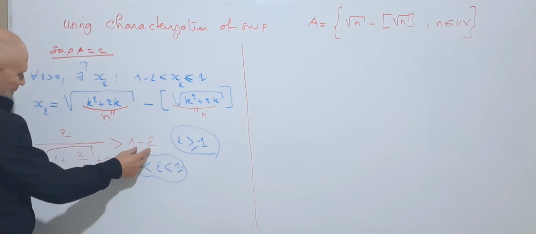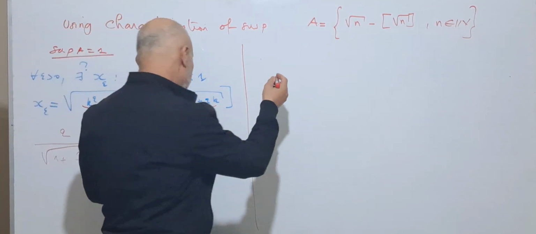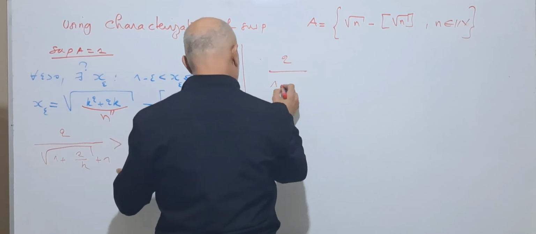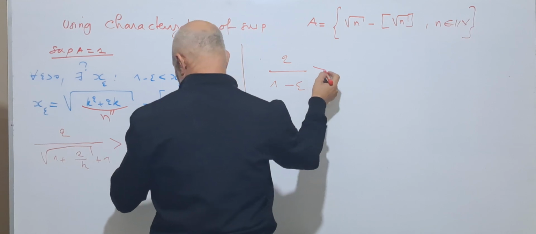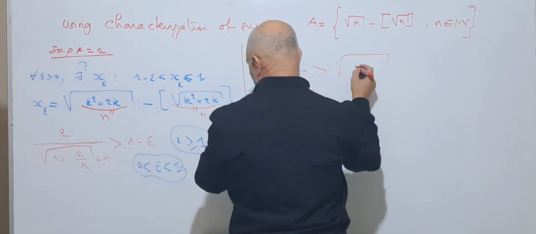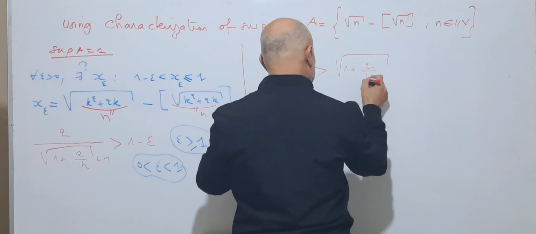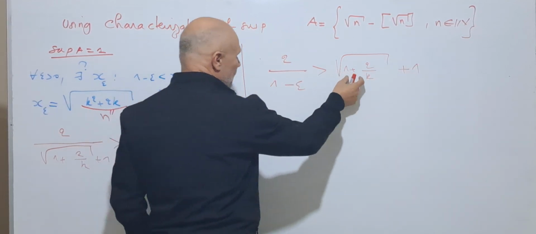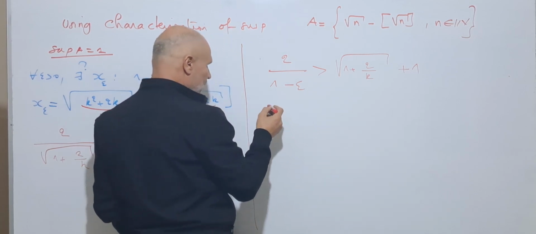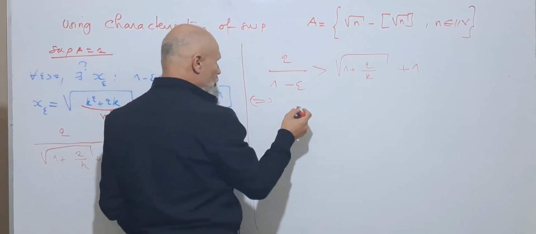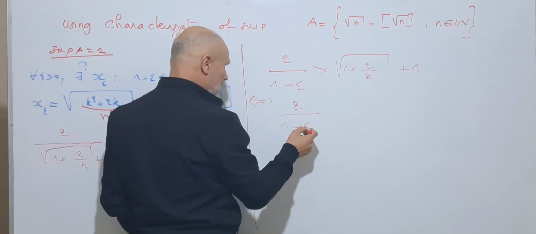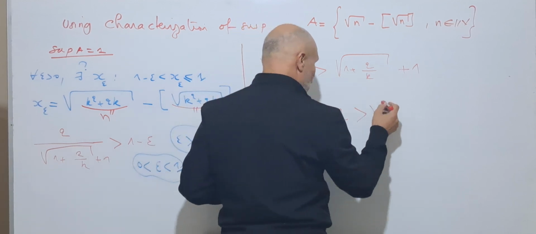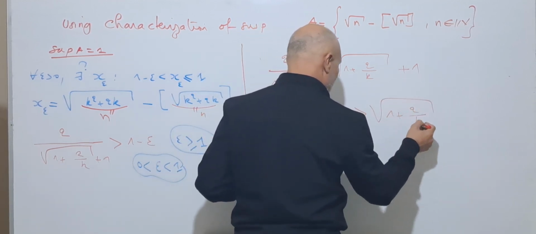Since this is positive, we can invert. We get 2 over 1 minus epsilon greater than the square root of 1 plus 2 over k plus 1. Then we get 2 over 1 minus epsilon minus 1 greater than the square root of 1 plus 2 over k.